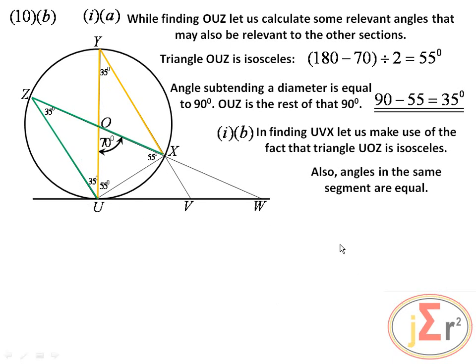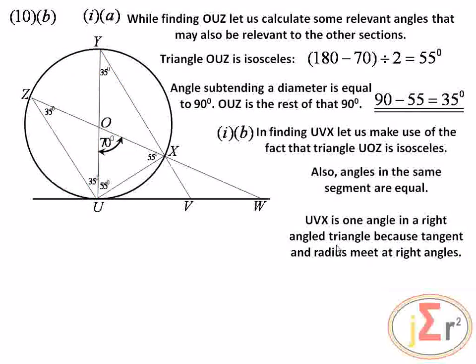UVX. UVX is one angle in a right angle triangle because tangent and radius meet at right angle. Right, so we have this triangle is a right angle triangle. This is a tangent. This is a diameter. So this part is a radius. So the radius and the tangent meet at 90 degrees.